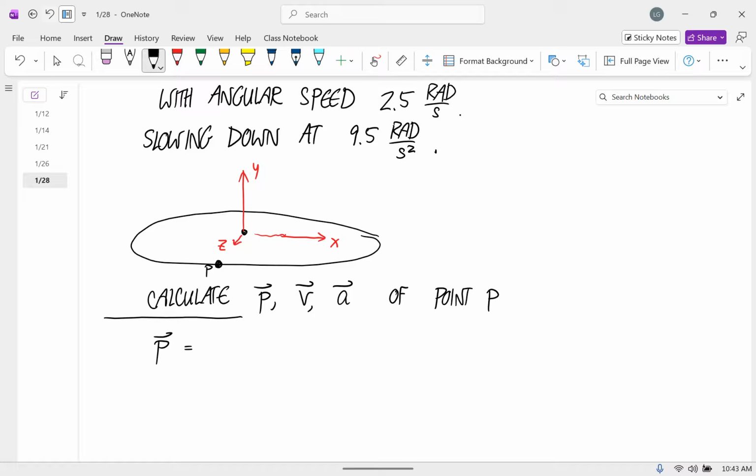So we're just going 2 meters in the positive z direction. So this is 0, 0, 2 in meters.